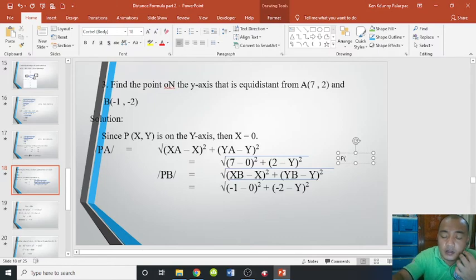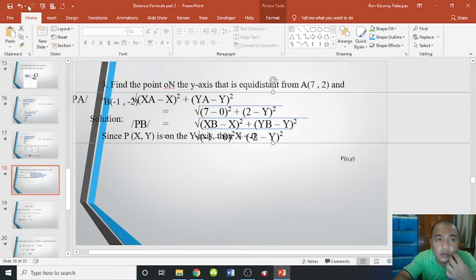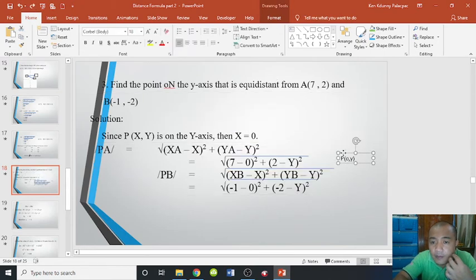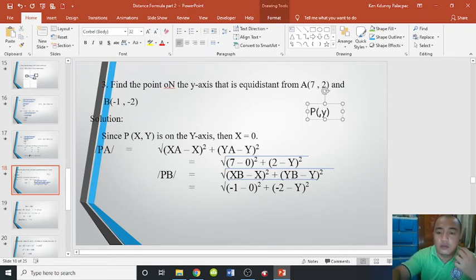Point P is at (0, y). How about point A?